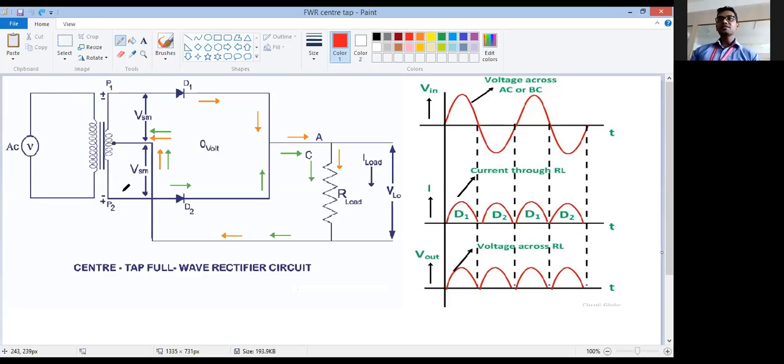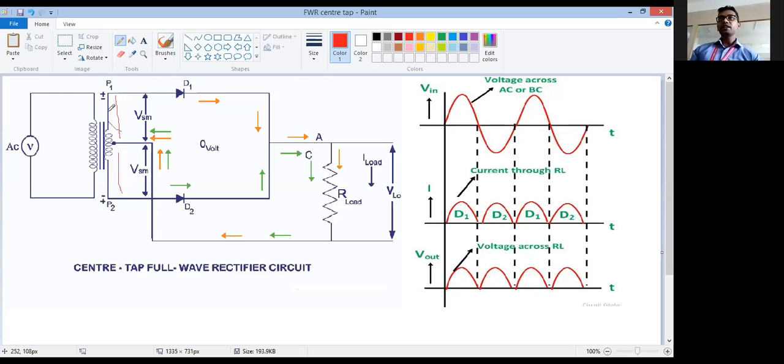But this is the center tap transformer. It is tapped at the center. Getting? So if 230 volt is converted into 20 volt, then this 20 volt will appear at these 2 points as well as these 2 points.